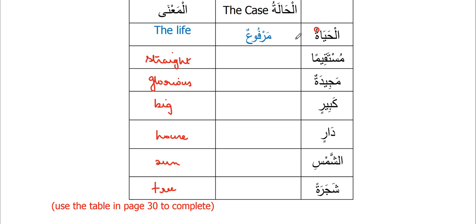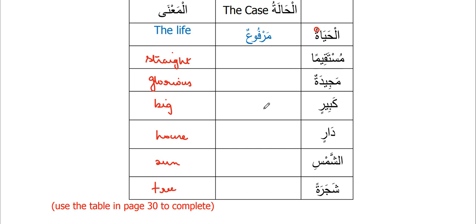Since we have done all the cases, marfu, mansub and majroor, for now just know that marfu represents the dhamma case, mansub represents the fatha case, and majroor represents the kasra case. So where you see the dhamma, write marfu; where you see the fatha, even a single fatha or a tanween fatha, write mansub; where you see the kasra, write majroor. So that's how you can write.